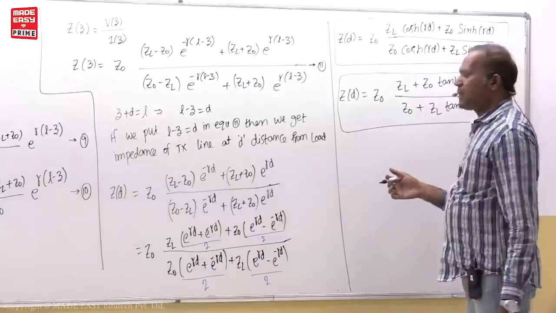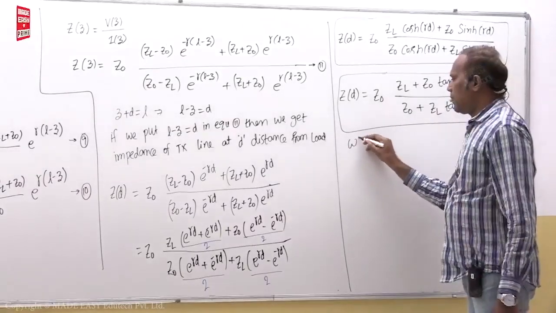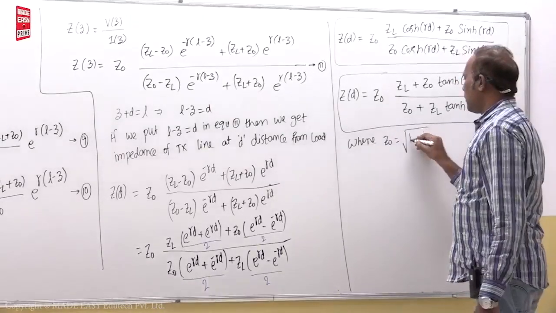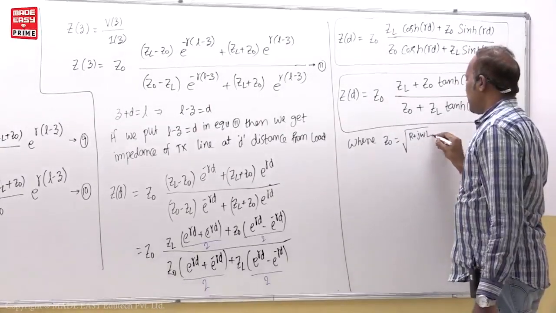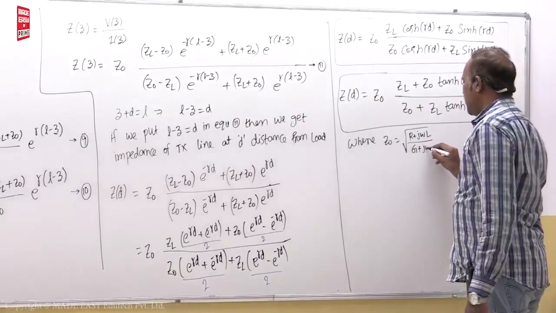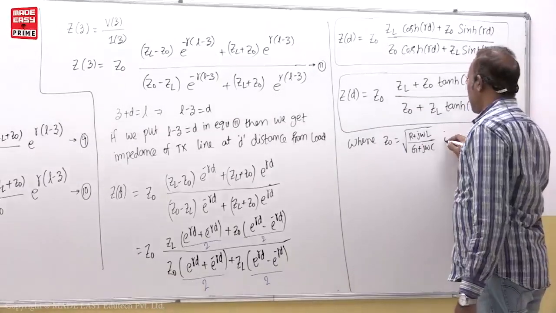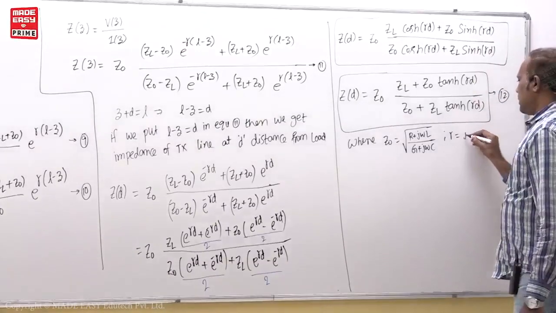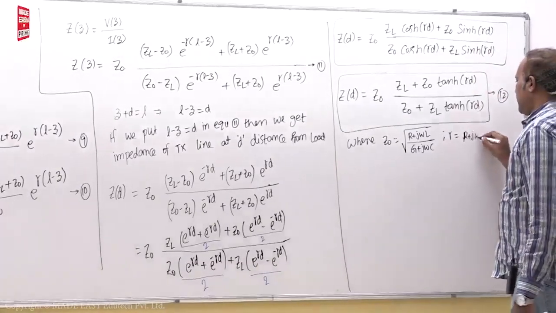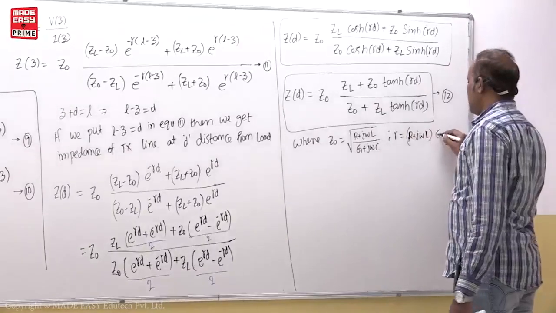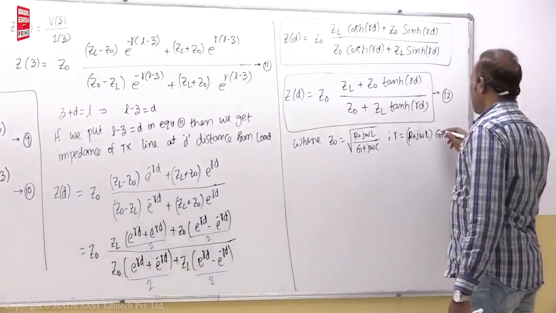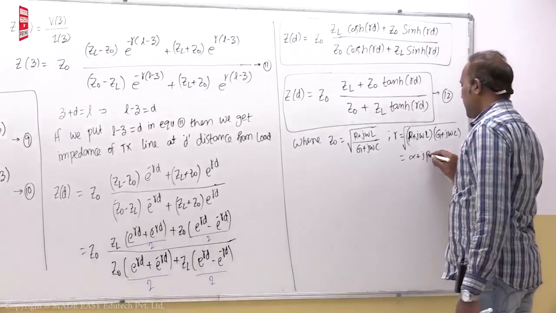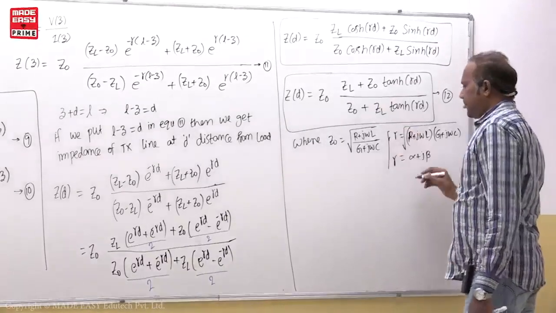This is for the general transmission line, where Z naught is equal to root of (R plus j omega L) divided by (G plus j omega C), and gamma is equal to root of (R plus j omega L)(G plus j omega C), that is nothing but alpha plus j beta.